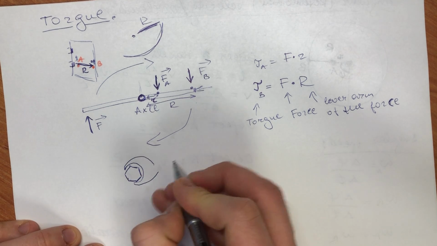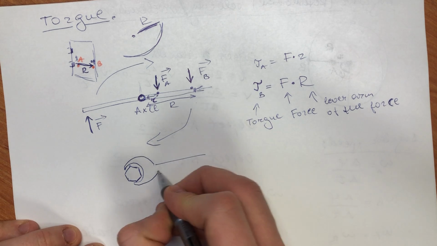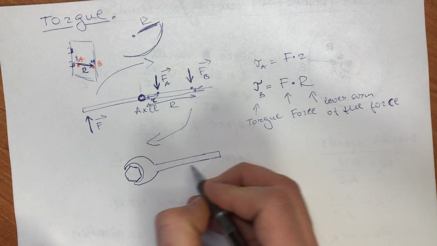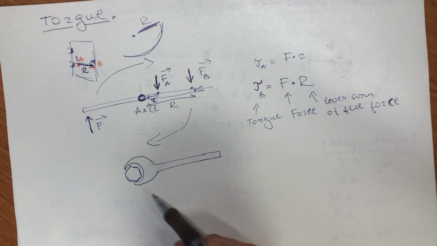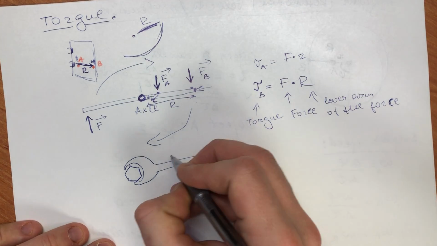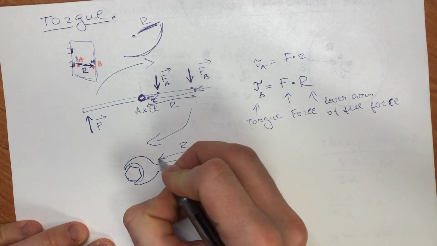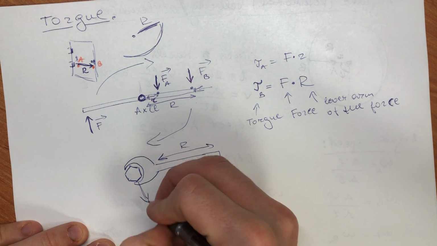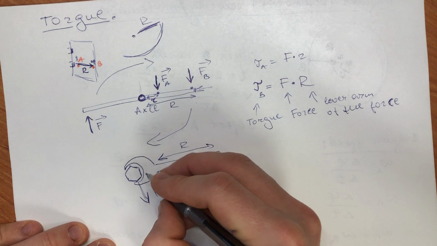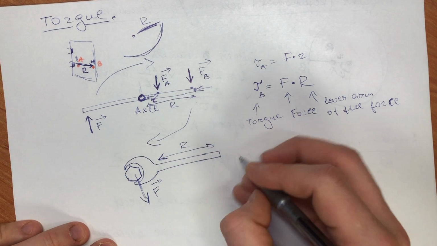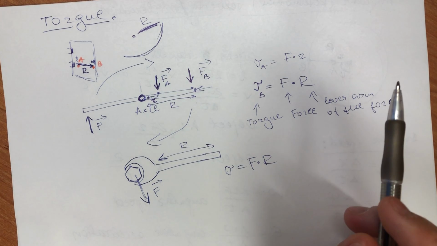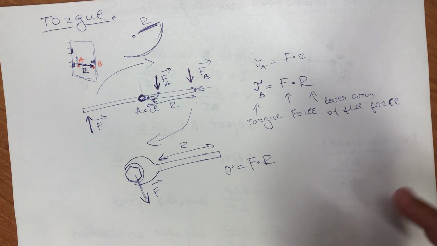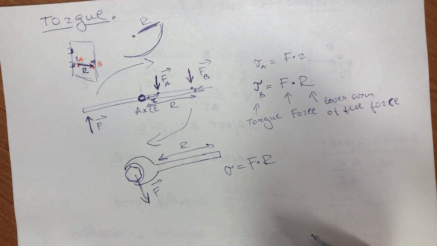Here is the wrench, and the longer the wrench is, the easier it is to remove the bolt, because as this R increases, here is the force that the wrench provides on the bolt, and as R increases, torque increases. Therefore, if you have it longer, you need less force, it's easier to remove this bolt.